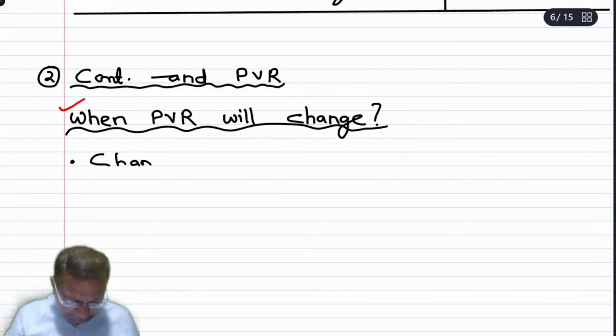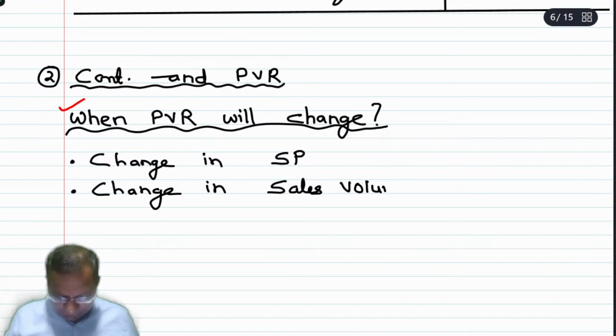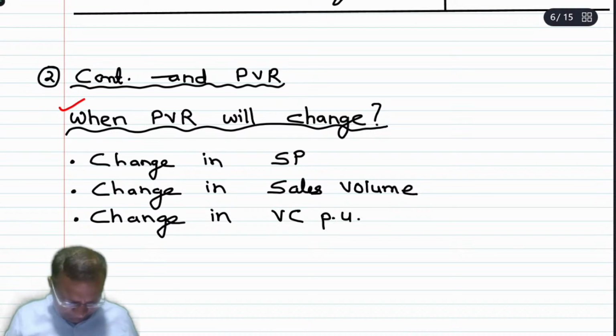Change in sale price, change in sales volume, change in variable cost per unit, and change in fixed cost total.